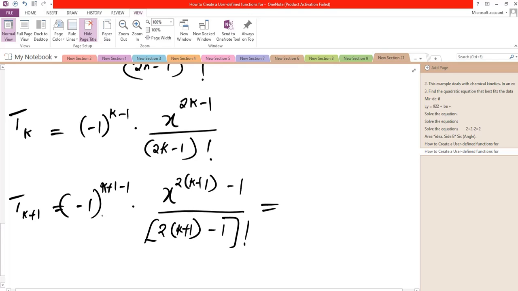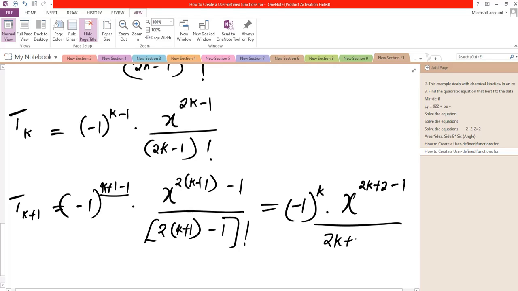Now if you look at it, you have k plus 1 minus 1, so this will be k. So you have -1 raised to power k times x raised to power, if you expand this power, 2k plus 2 minus 1, all over 2k plus 2 minus 1 factorial.